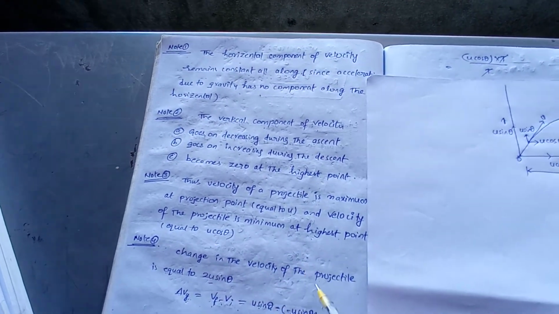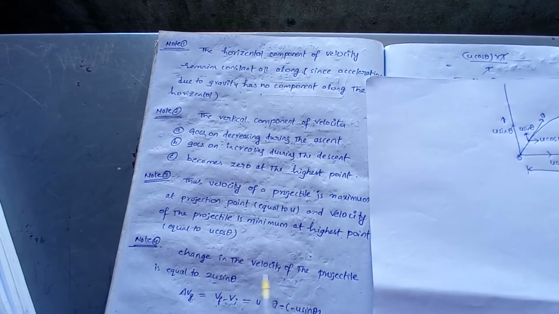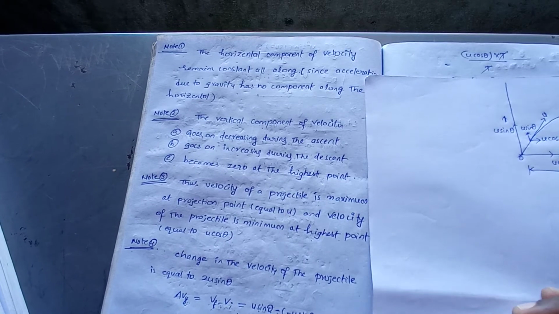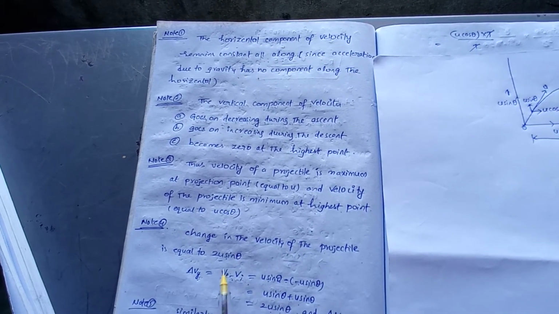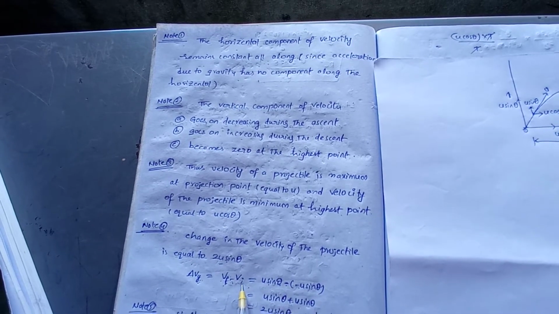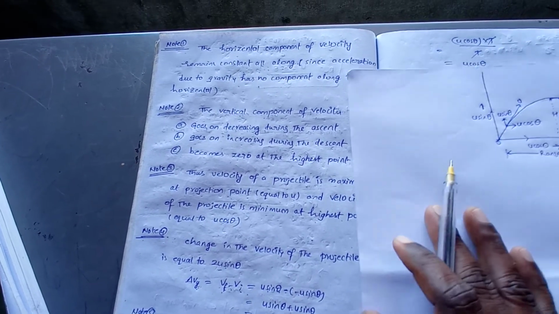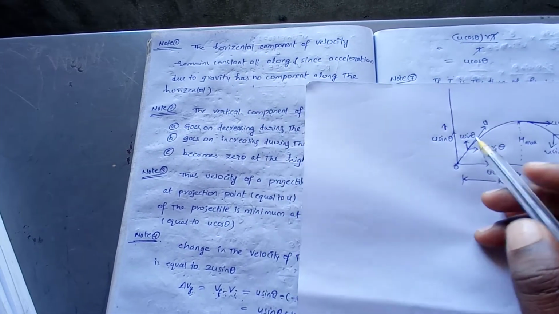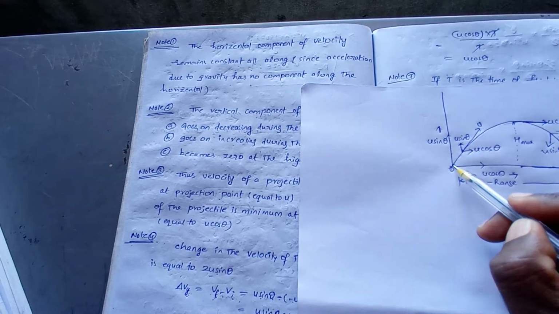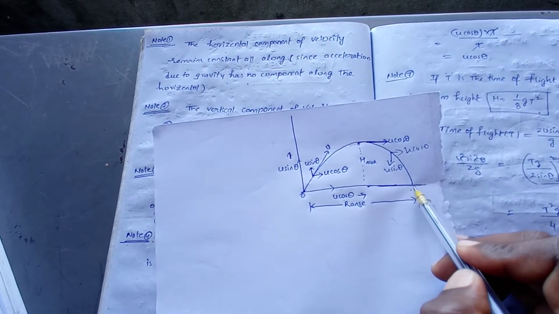The fourth point is the change in velocity of the projectile is equal to 2u sin theta. What does change in velocity mean? If you subtract the initial velocity from the final velocity. Here we are considering only the vertical component of velocity. It has initial velocity at this point and final velocity at this point.